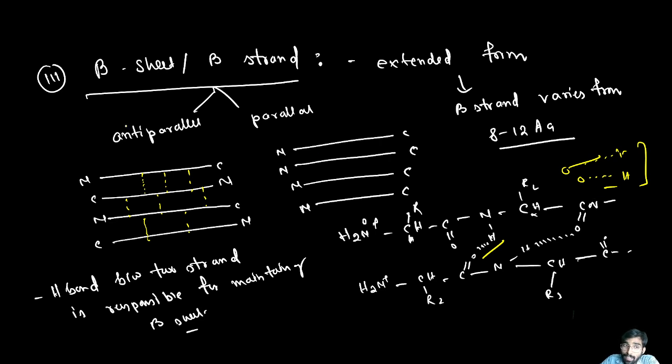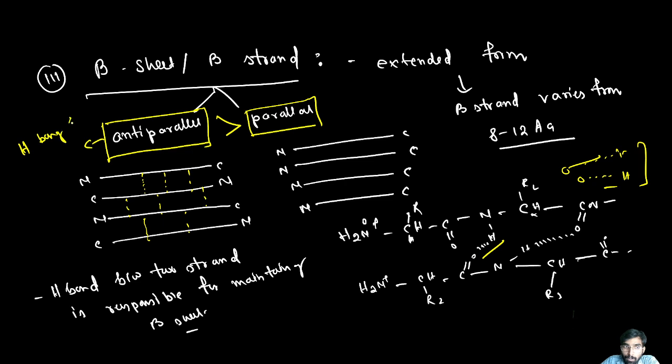That's why the anti-parallel beta strand is quite stable compared to the parallel, because the hydrogen bond forming angle is 180 degrees in the case of the anti-parallel beta strand. But here it's quite strained, you can see, right?